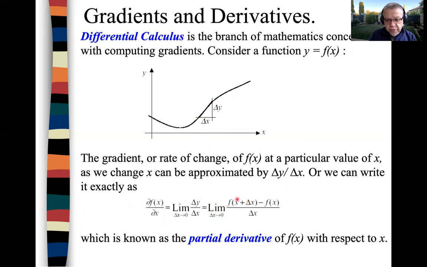And f of x plus delta x minus f of x is simply delta y, this change here. This is known as the partial derivative of f with respect to x.